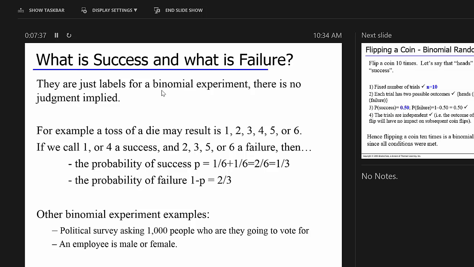Okay. Also, trials are independent. Why is that? Well, let's say there is one person coming out of the voting place, right? They just voted. I ask them and they say, I voted for Republican. Does that mean that the next one probably is going to vote for a Democrat? No, right? They're different people, probably not even related, don't know each other, right?